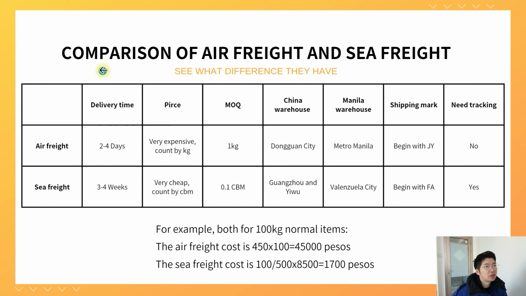After the comparison, I think you will know better their advantages and disadvantages. Briefly, air freight is more suitable for items with small volume and weight but high value, while sea freight is more suitable for items that are very heavy or of big volume and low unit value.